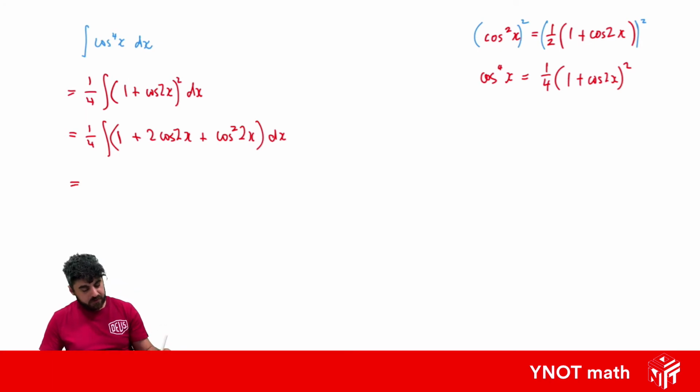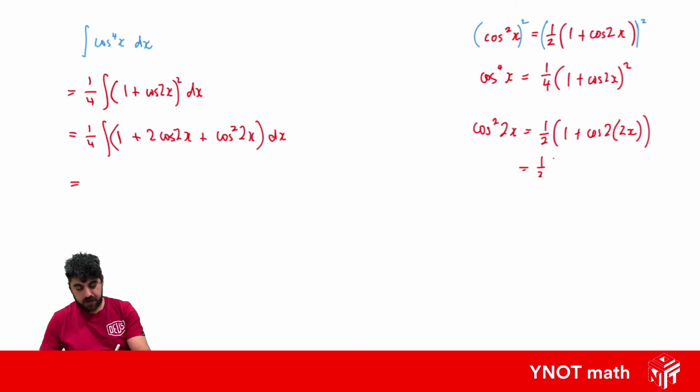So subbing in, let's do it over here. If we have cos squared of 2x, we're just subbing in 2x for x. So we're going to get a half outside of 1 plus cos of 2 times 2x. So that's just going to be a half outside of 1 plus cos 4x.